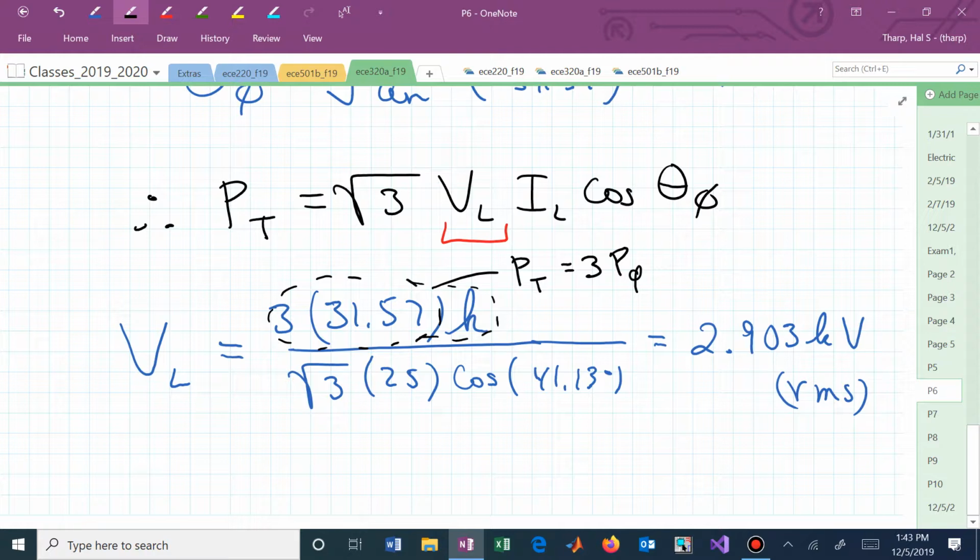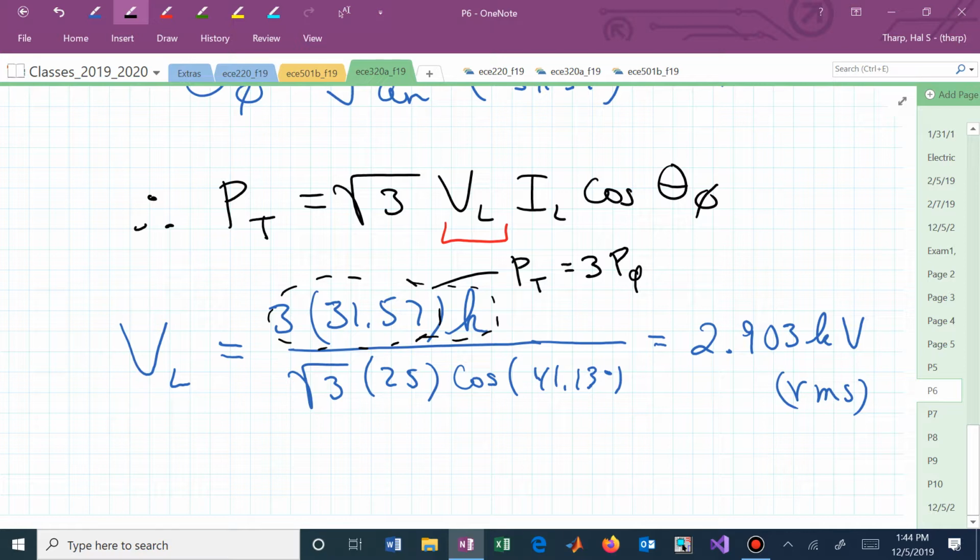Yes, so now this formula for total complex power is in terms of line voltage and line current, and that's what we were asked for. We were asked to find the magnitude in RMS units of the line voltage at the generator terminals. We needed to find what the generator sees. It sees the transmission line and the load. We found the complex power of each of those, added them together to get P_T.